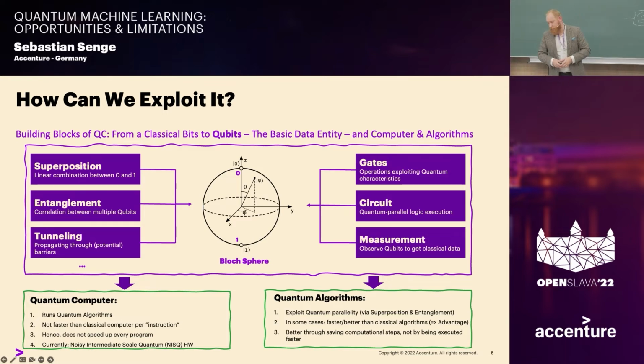As Professor Buschek explained in the previous talk, at the North Pole, typically we have the 0, and at the South Pole we have the 1, and every other point on the sphere's surface could be another linear combination, a superposition of these two basis states. And with that knowledge, physicists build quantum computers. These quantum computers, as we will see later on, run quantum algorithms. And the important fact to state here is that a quantum computer per se is not faster than a classical computer.